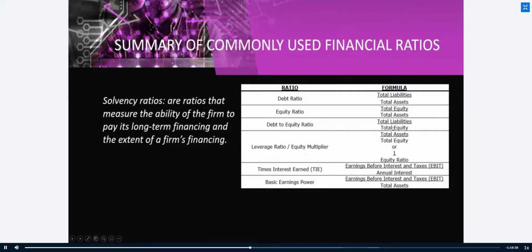So right now I'm already giving tips on how for you to easily memorize these equations. Another tip would be, every time you're practicing to solve problems in financial management related to financial ratios, you have to write down the formula again and again, so that by the time that you're taking the examinations or quiz, you can remember it easily.